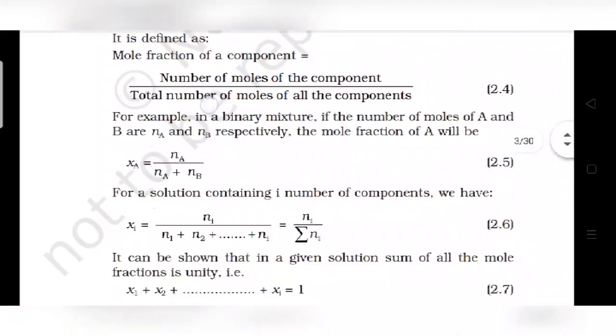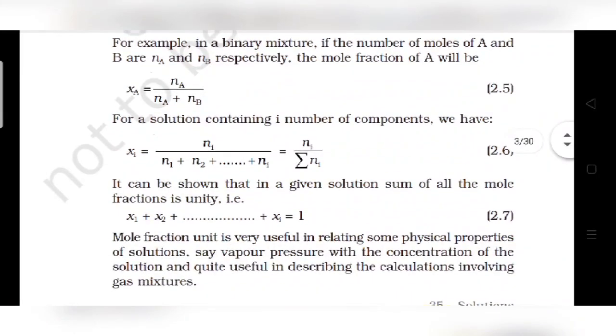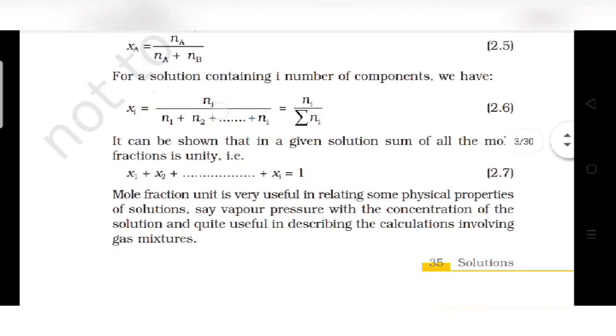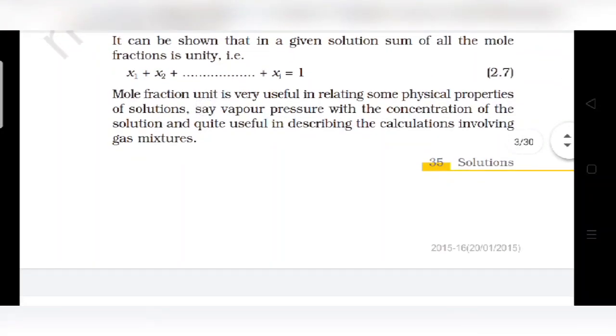And for the solution containing I number of components, if you have many components, then in general you can use the formula 2.6. Clear with this? It can be shown that in a given solution, sum of all the mole fractions is unity. That is, the summation equals 1, 2.7. So clear with this section, students?